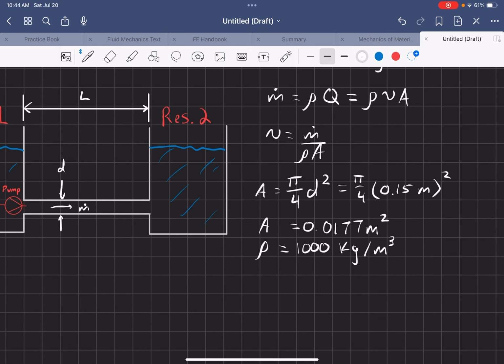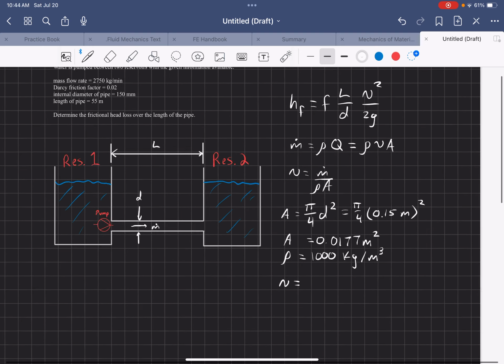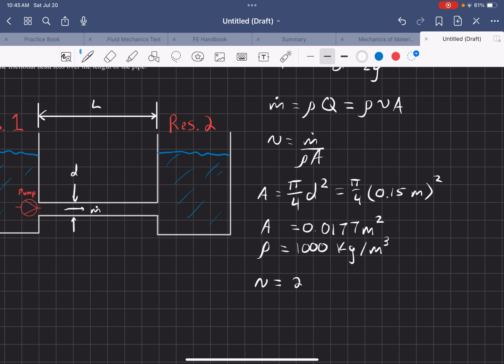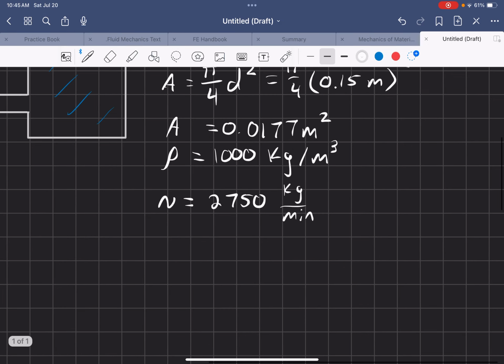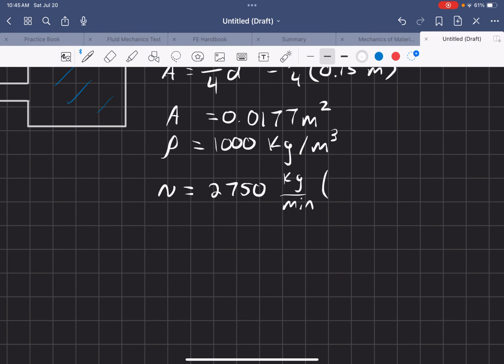So now we can calculate our velocity. Velocity is equal to the mass flow rate of 2750 kilograms per minute. Let's go ahead and convert that to seconds.